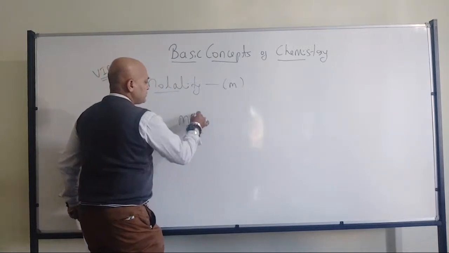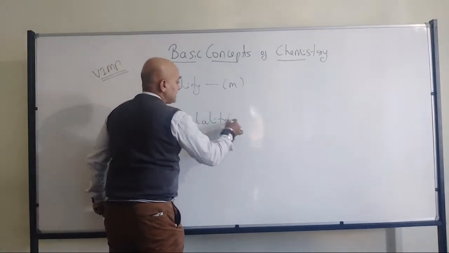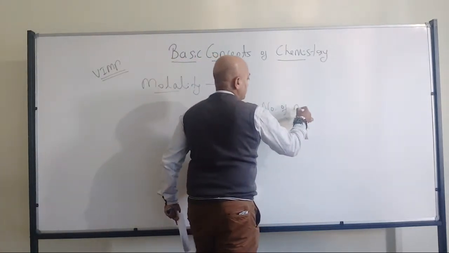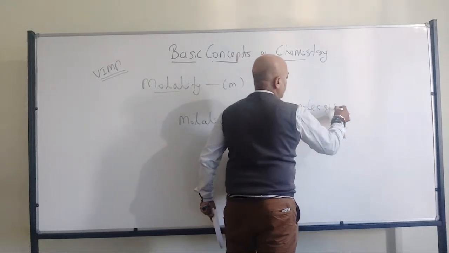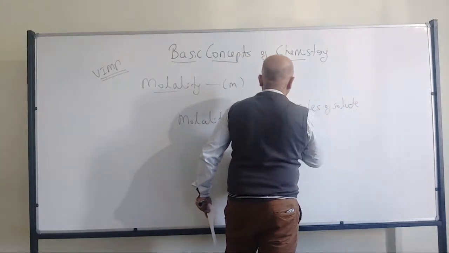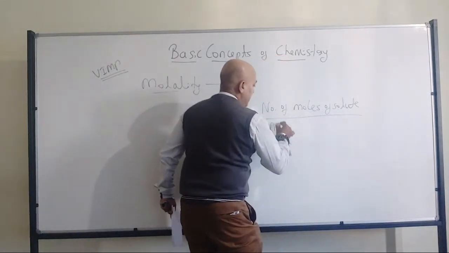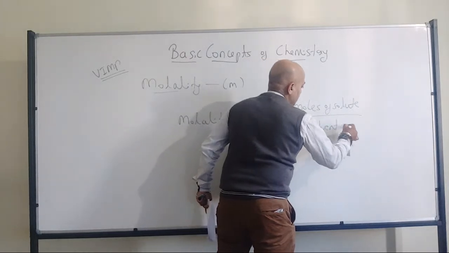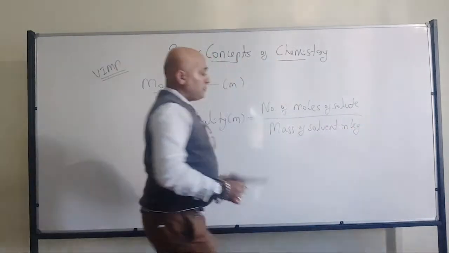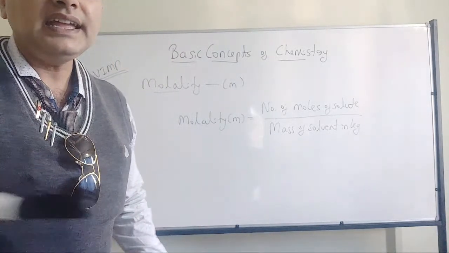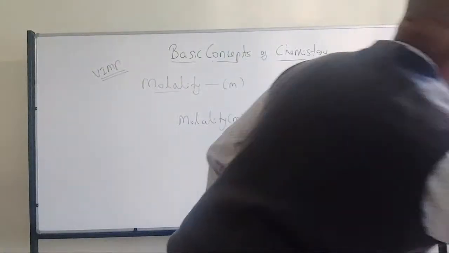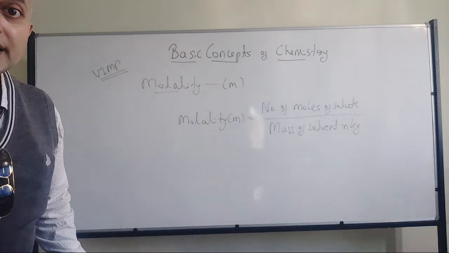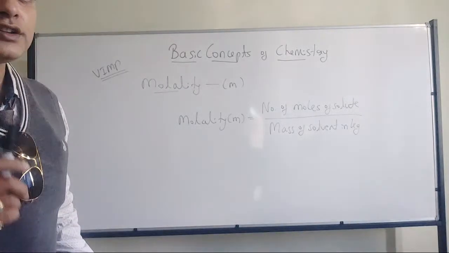So molality, that is small m, is equal to the number of moles of solute divided by the mass of solvent in kg. Observe it carefully. Please remember, in the earlier case, molarity, it is the volume of solution, not solvent.